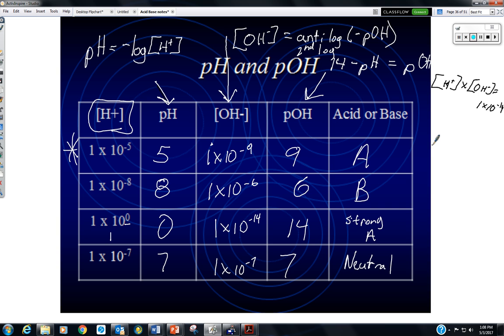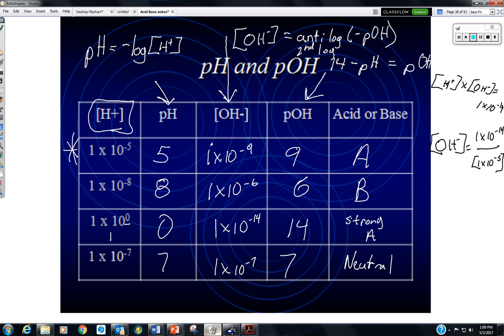So we want to solve for OH. It's going to equal 1 times 10 to the negative 14 divided by 1 times 10 to the negative 5.